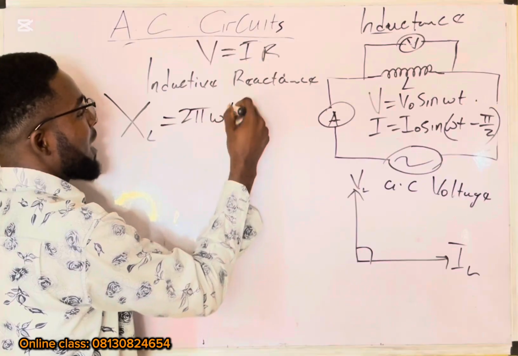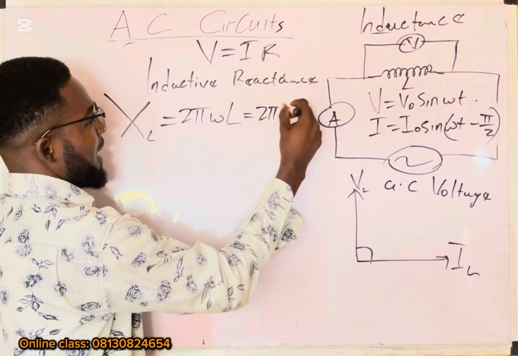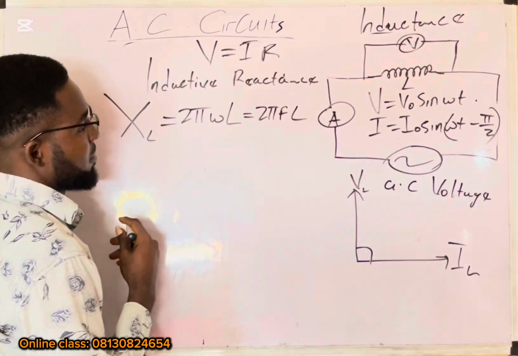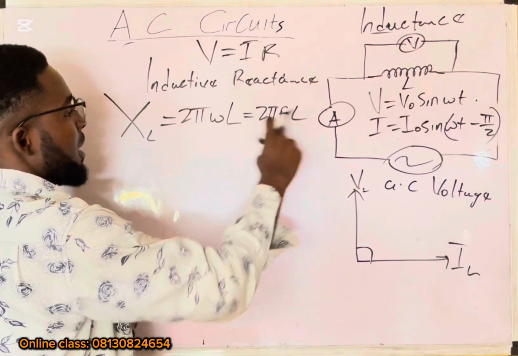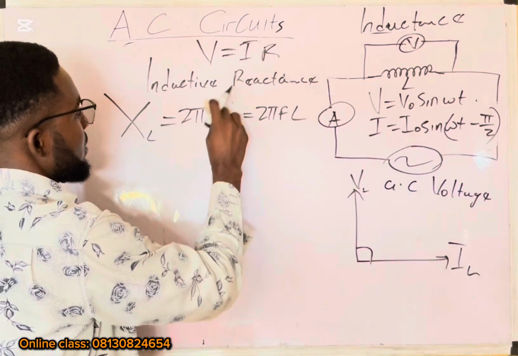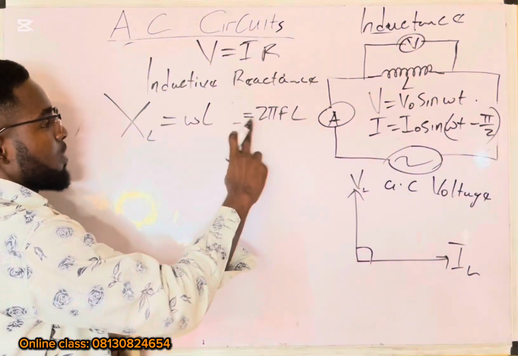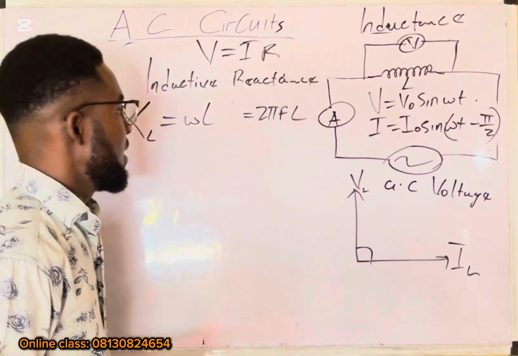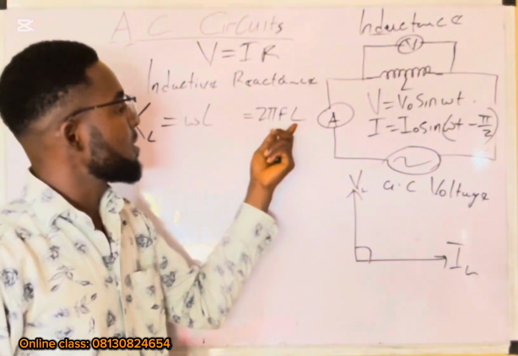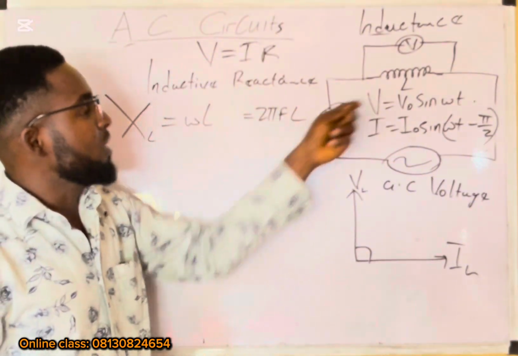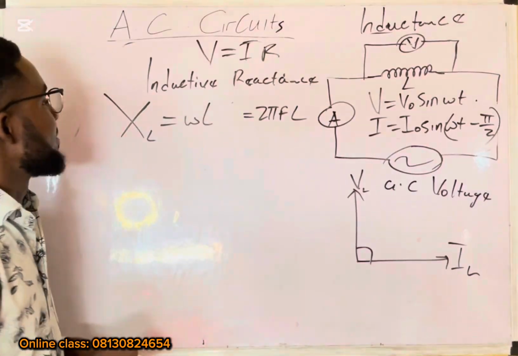Which is equal to omega L, the same thing as 2 pi f L. F stands for the frequency, while L stands for the inductance of the inductor, measured in Henry.